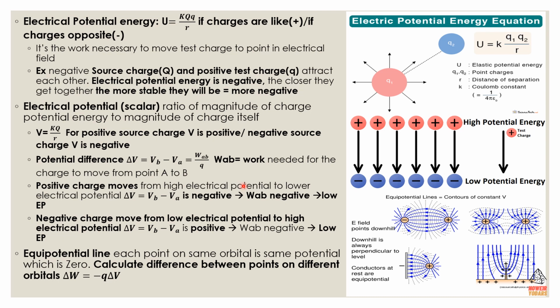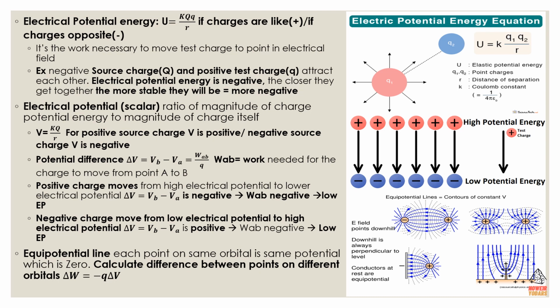For instance, moving from the third shell to, for instance, the first shell. So the electron goes down, and then it's negative.